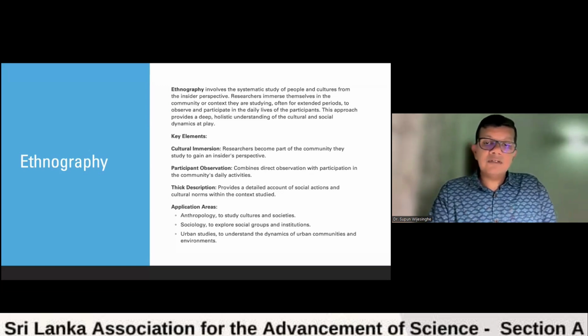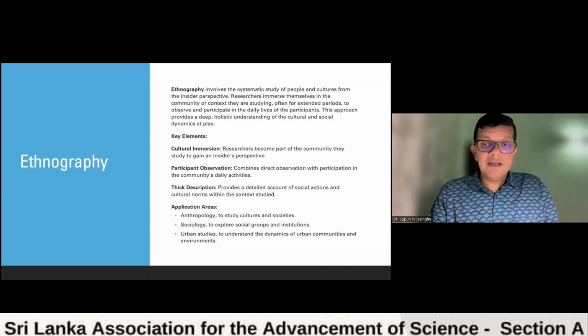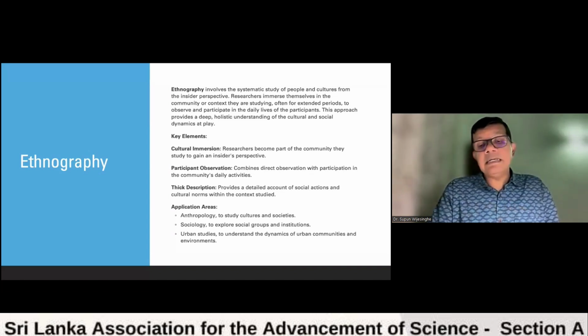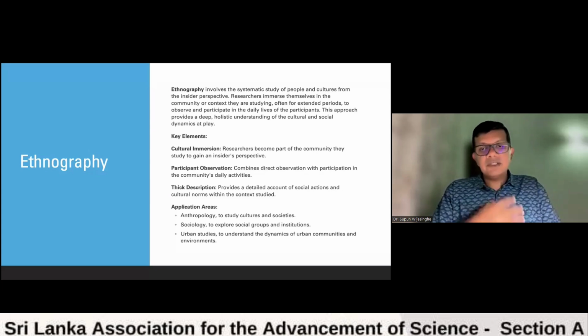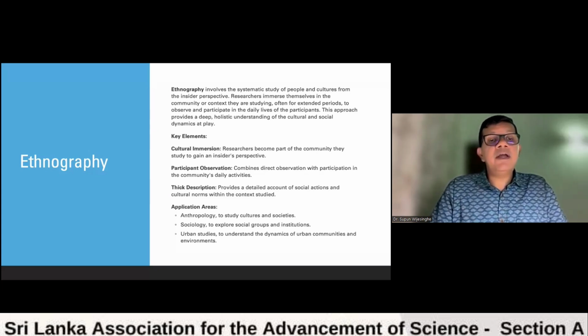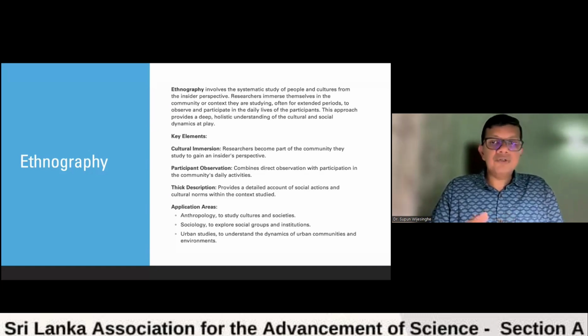So anthropology is one of the areas, as well as sociology is one of the areas where we can use ethnography, especially urban studies, how urban spaces affect people, how urbanization affects people. So these sort of things are the modern ethnographic methods that we actually use for qualitative research.